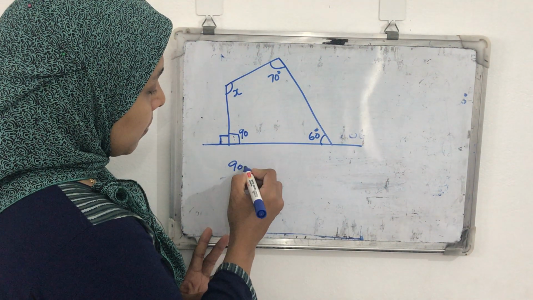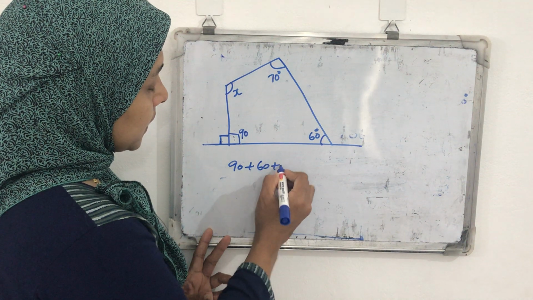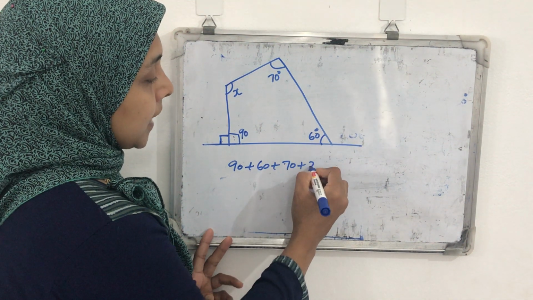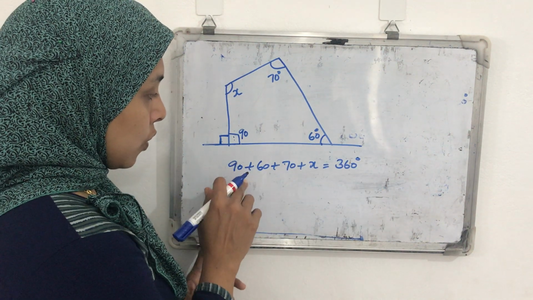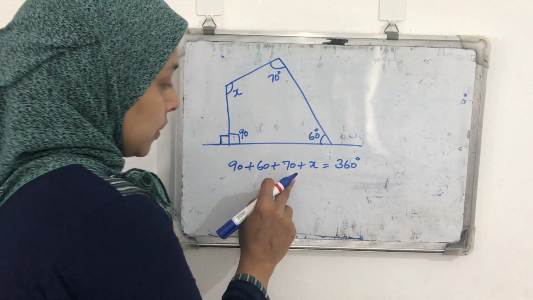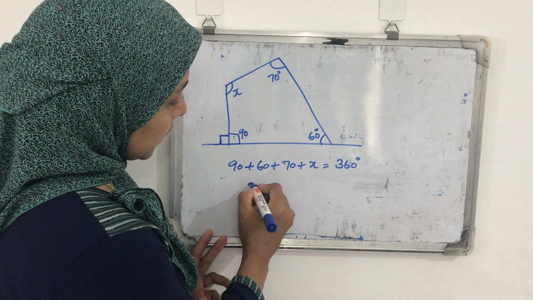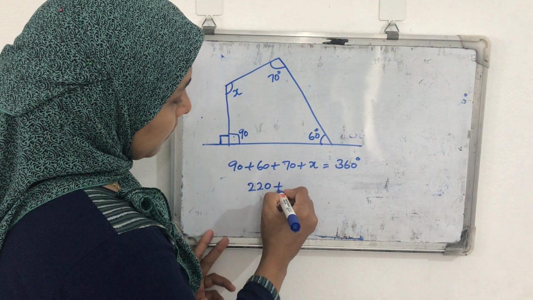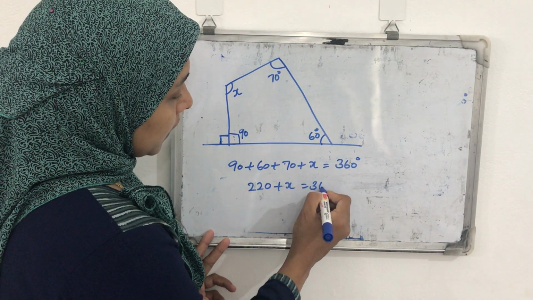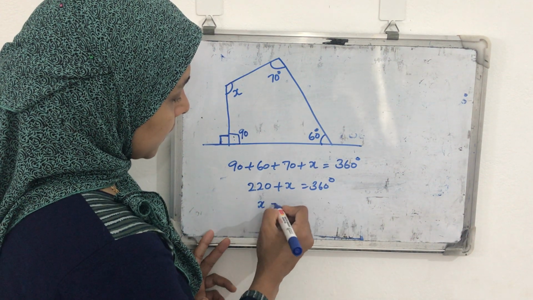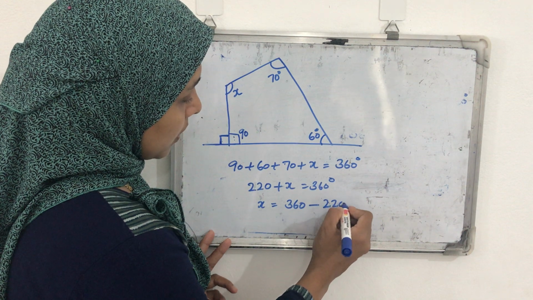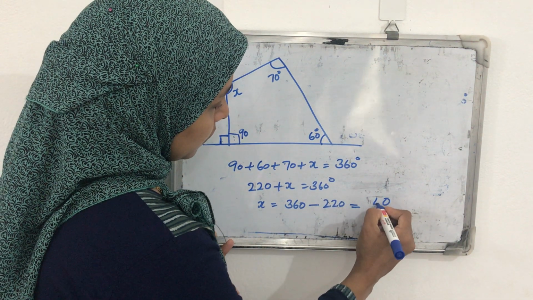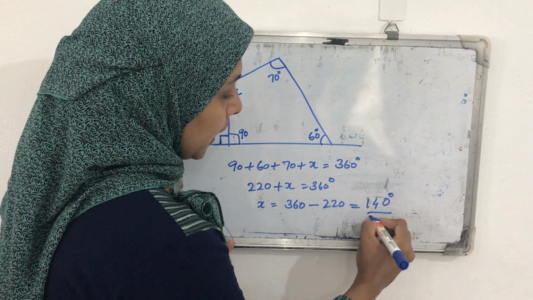So 90 plus 60 plus 70 plus x equals 360 degrees. 150 plus 70 is 220, so 220 plus x equals 360 degrees. Therefore x equals 360 minus 220, which is 140 degrees.